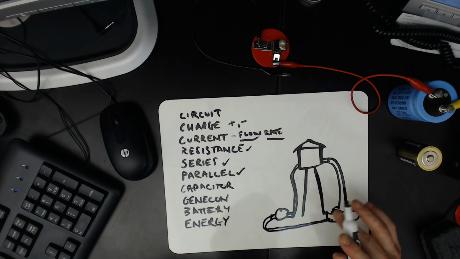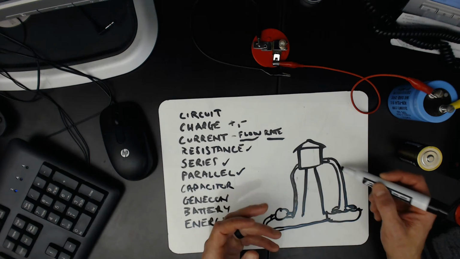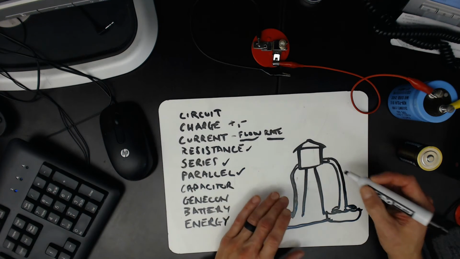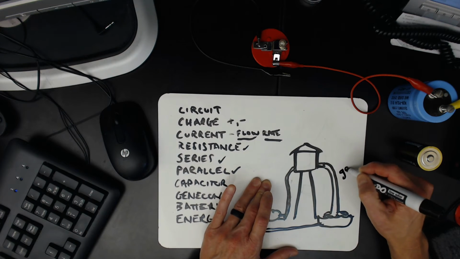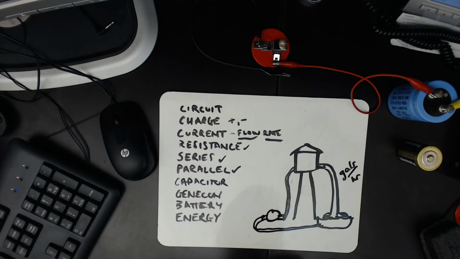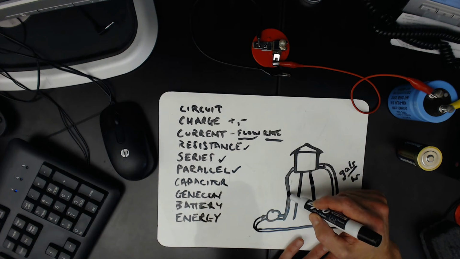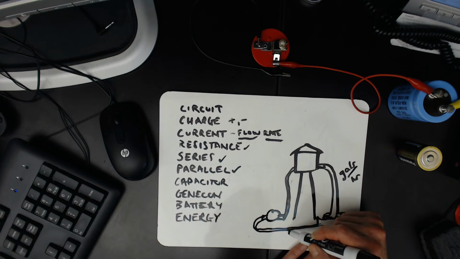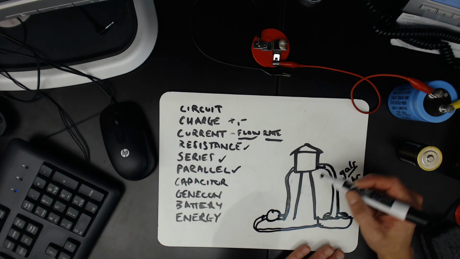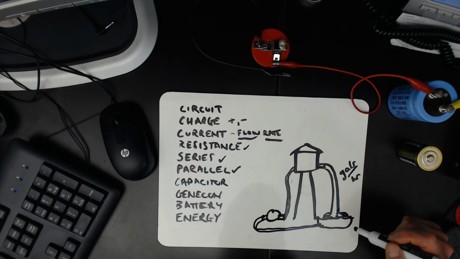So we could model all these different aspects here. The charge would be the water itself. The current would be the rate of flow, say in gallons per hour or something like that, that's coming out, all right? The resistance would have to do with the diameter of these pipes and tubes, and how much resistance there was to the flow of the water through this system.